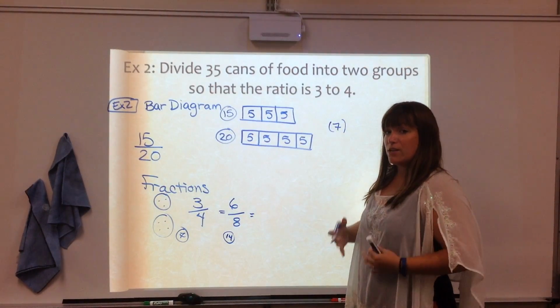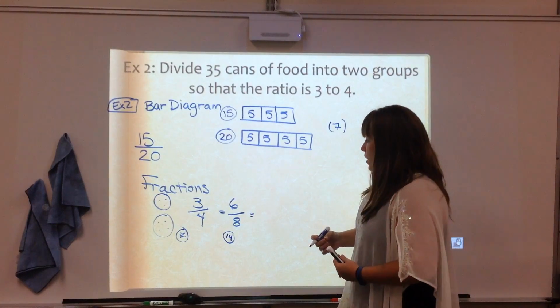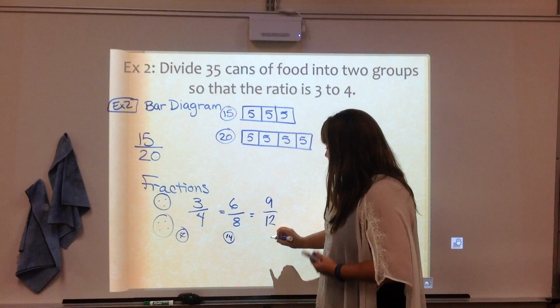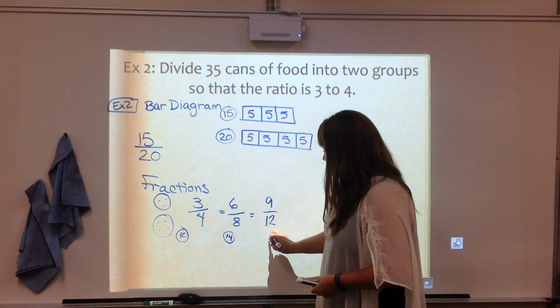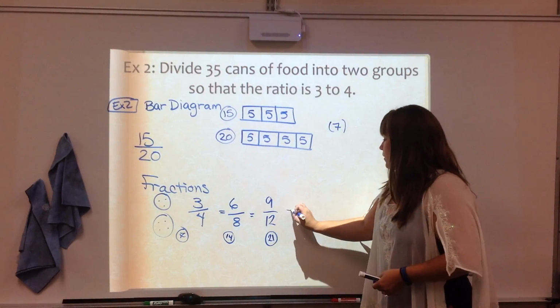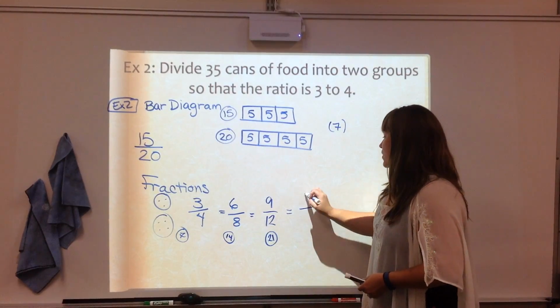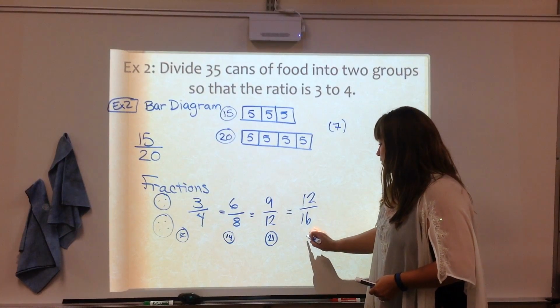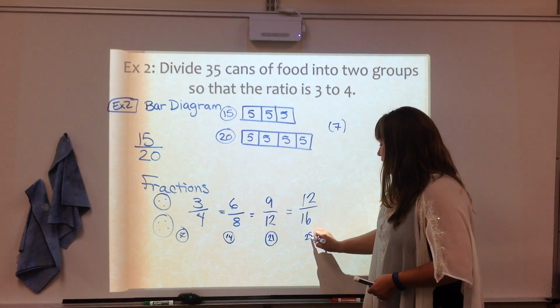Let's make another addition of 3 and 4. Now I have 21 cans. And see that in the pattern that I'm establishing here. Now I have 12 and 16 cans. So now I have 28.